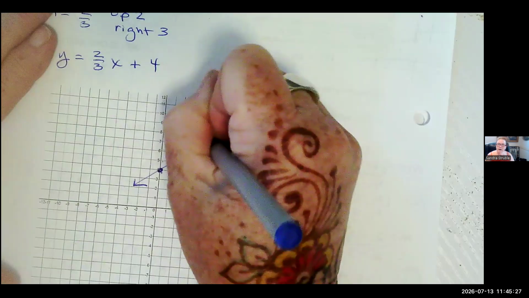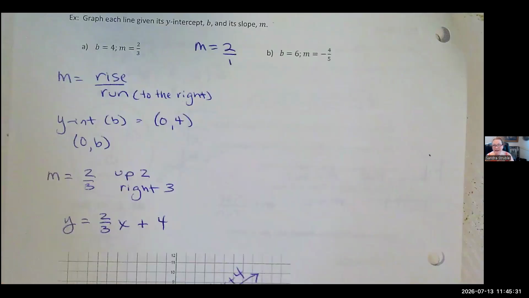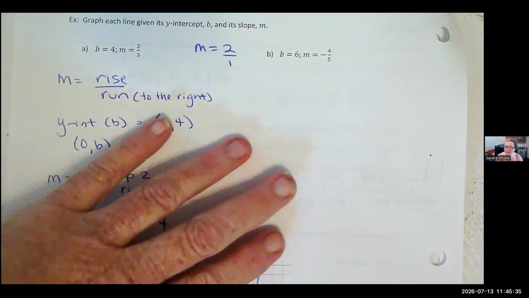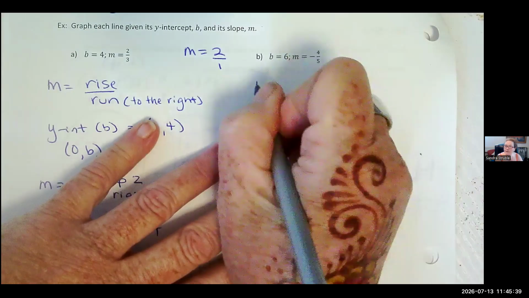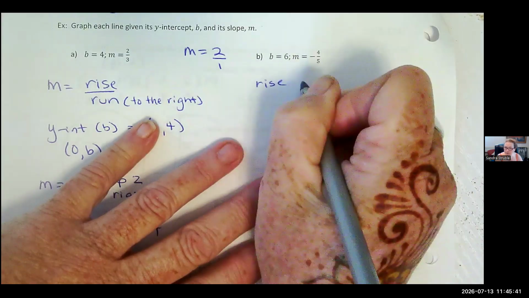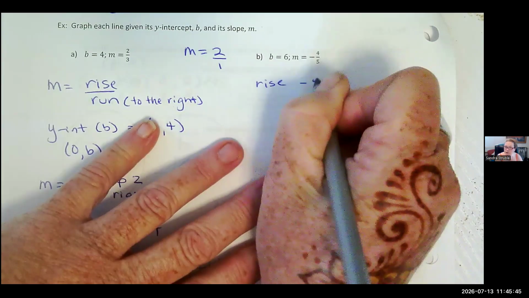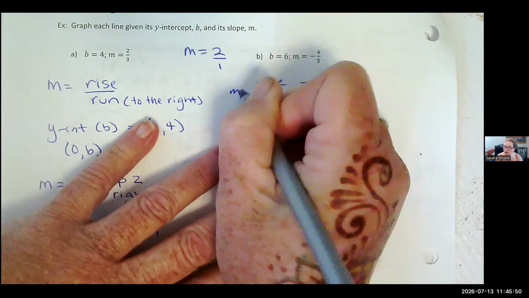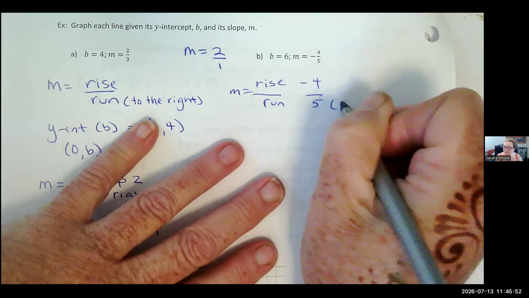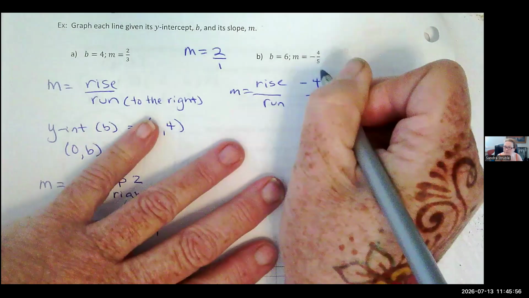All right. Go through, pause the video, and attempt this next one yourself. The only thing I'm going to warn you about is because the slope is negative, your rise is going to go down 4, right? It's rise over run, and this is your slope. Remember, you always run to the right. But this means we're going to have to go down 4.